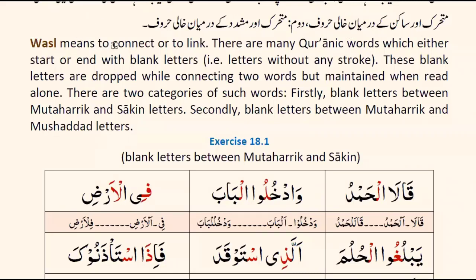Wasl means to connect or to link. In the Holy Quran, there are many words which either start or end with a blank letter. These blank letters are dropped while connecting two words, but maintained when read alone. So there are two categories of wasl.